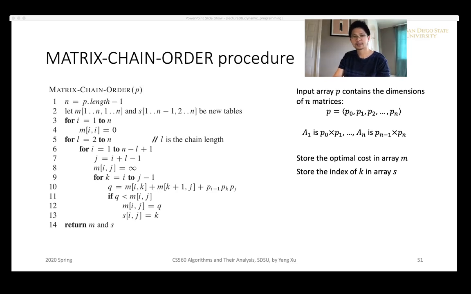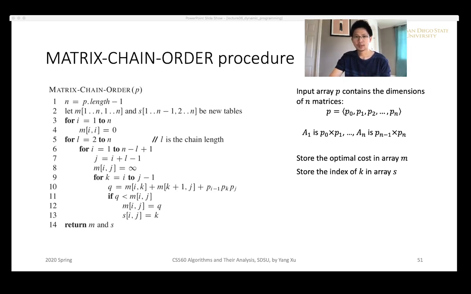So the actual work is done from line 5 to line 13. Look at the body of it. It's what we have come across before, three nested for loops. The first layer, the outer layer, the counter is L, which ranges from 2 to n.